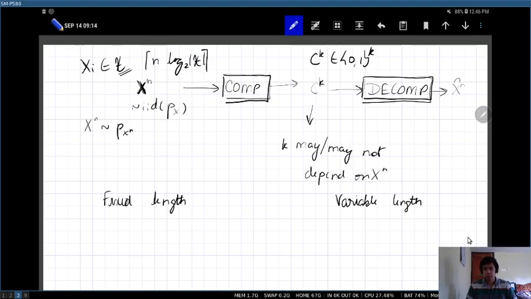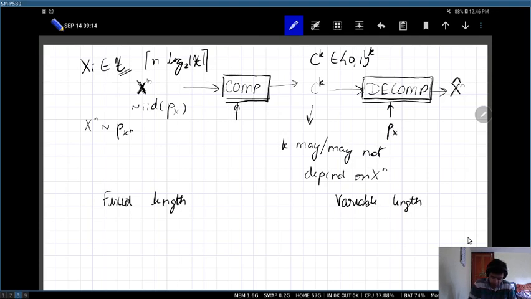But ultimately, irrespective of how you get c_k from x^n and irrespective of what k depends on, our goal is to somehow reconstruct x^n, right? So the decompressor is going to be an algorithm which takes as input c_k, and possibly it could also take as input p_X.